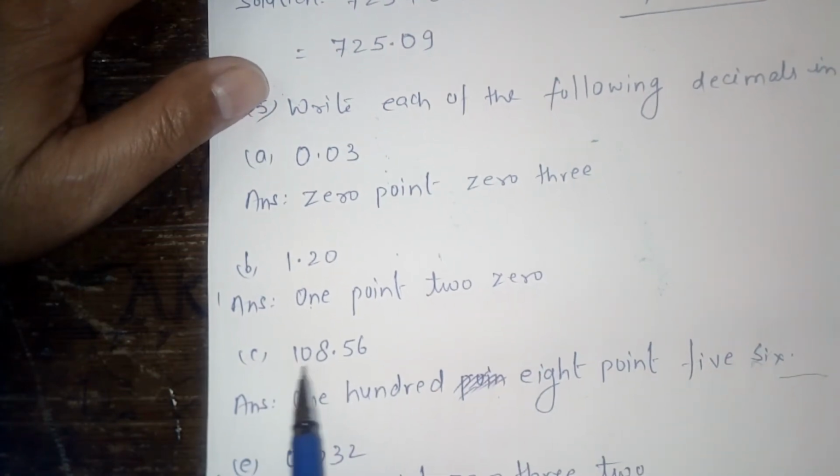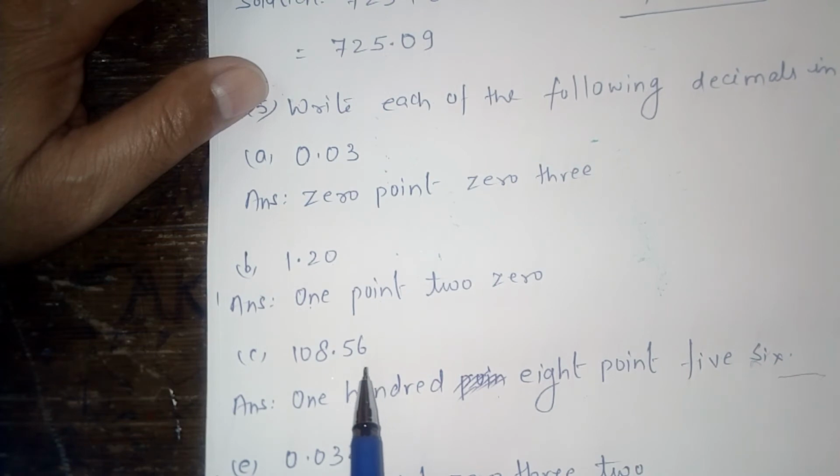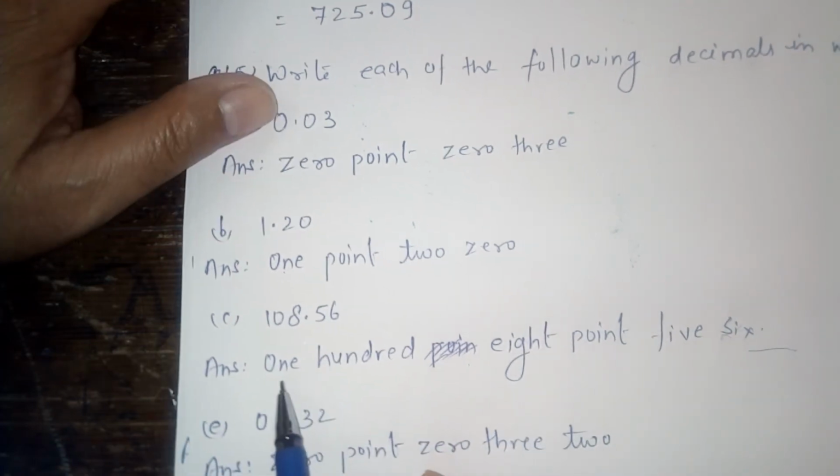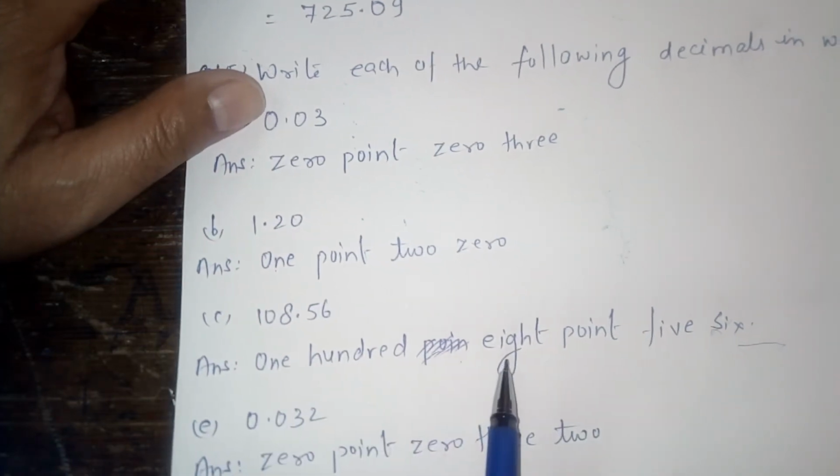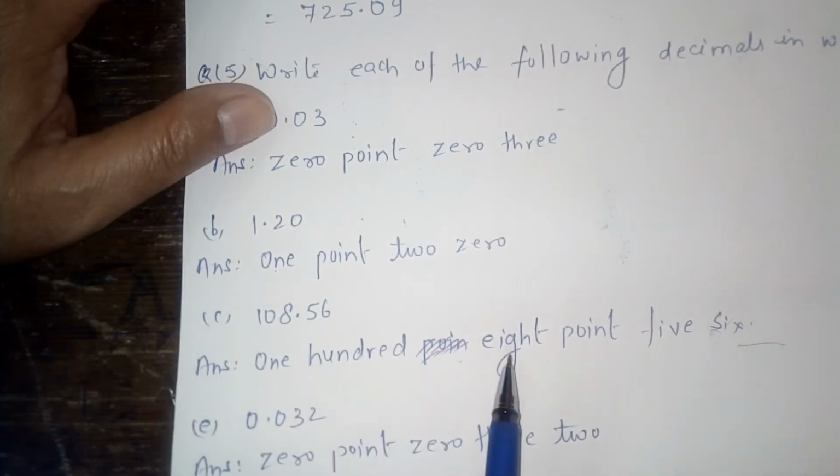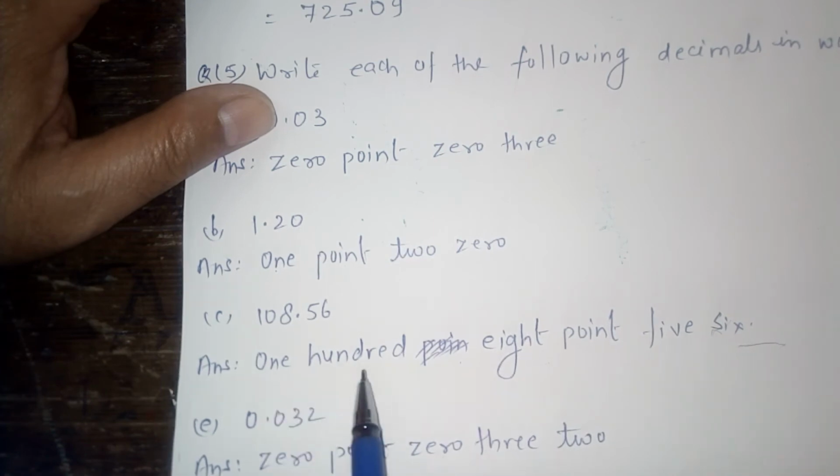Question number C, 108.56. So we can write here 108.56.